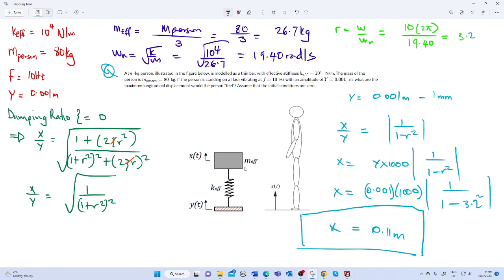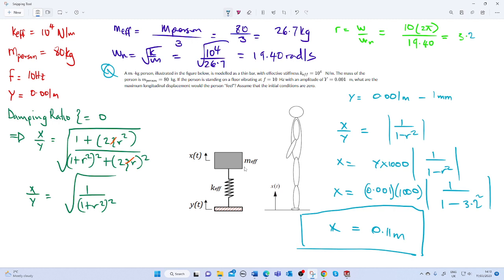A person of unknown weight, illustrated in the figure below, is modeled as a timber with effective stiffness K_eff of 10^4 Newton per meter. The mass of the person is M person, which is 80 kilograms.